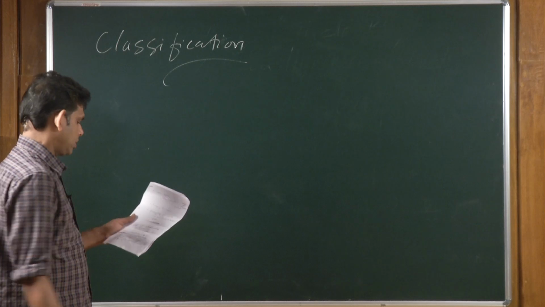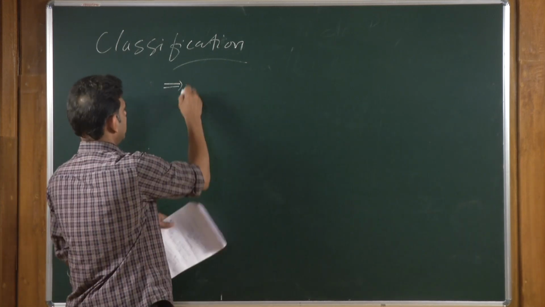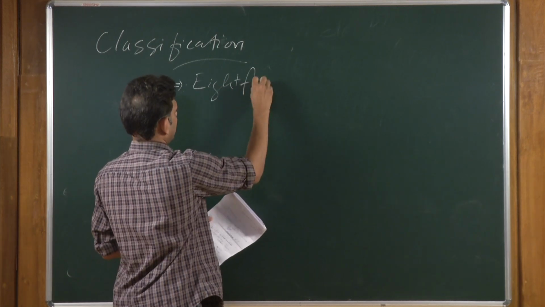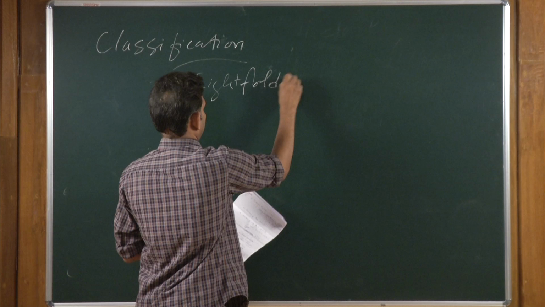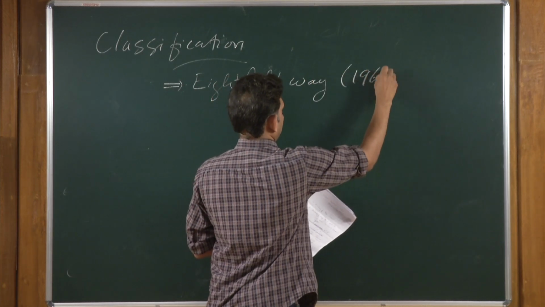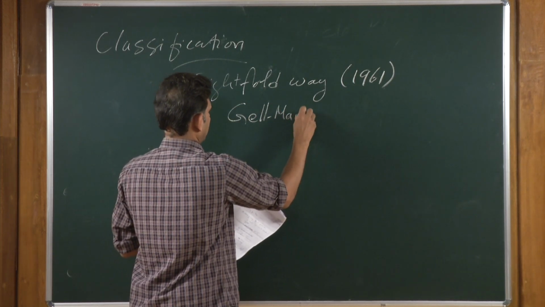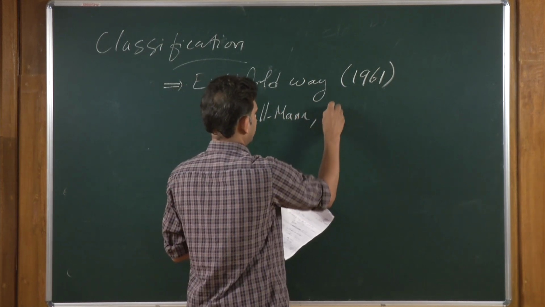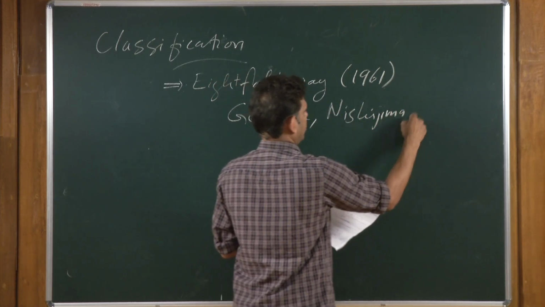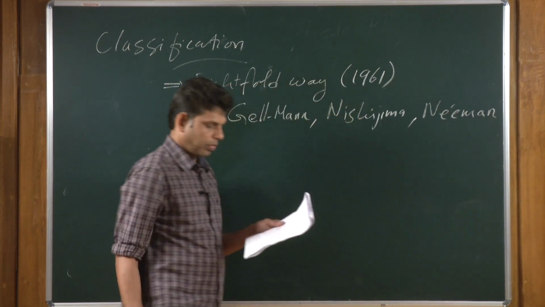Many different ways were tried, and then there is something called particularly the eightfold way of Gell-Mann, Nishijima and Ne'eman.